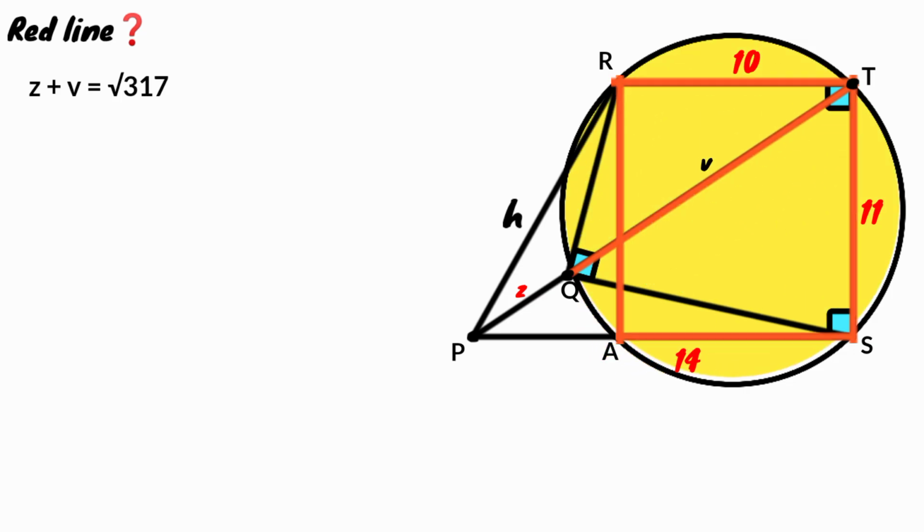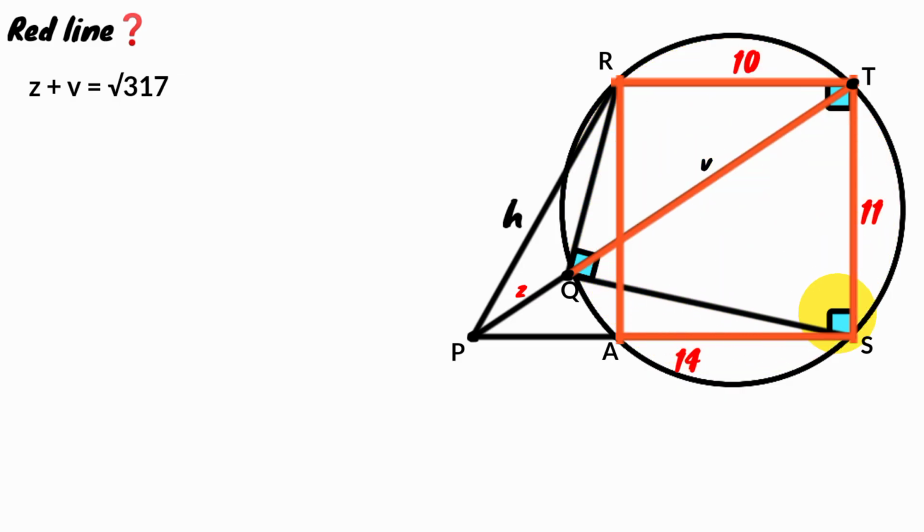We take a look at this quadrilateral ARST. It also has all 4 of its vertices lying on the circumference of the circle. That makes it a cyclic quadrilateral as well.